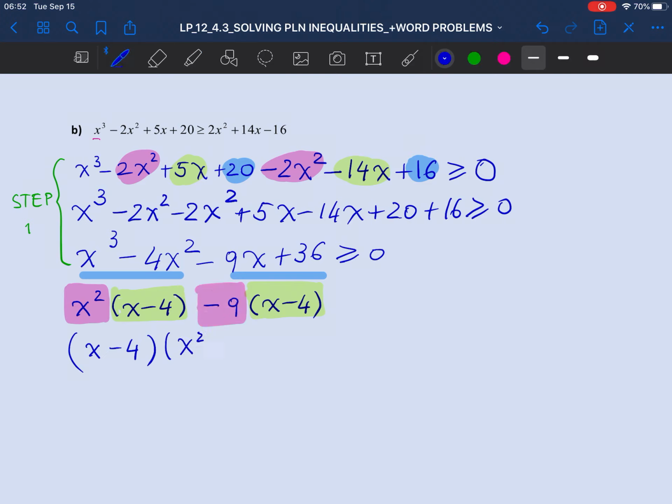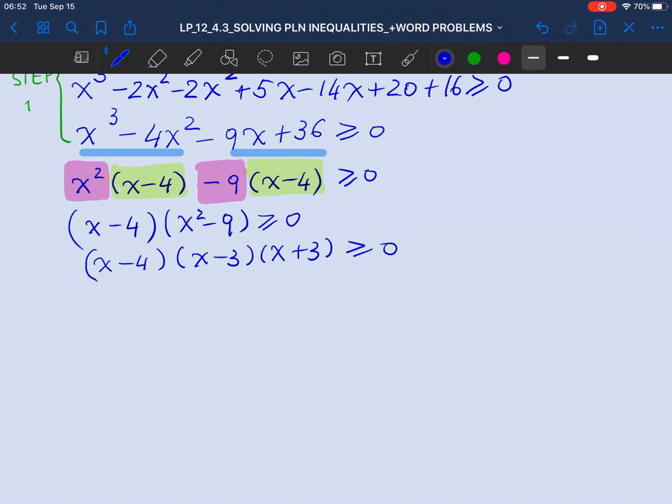Bigger than or equal to 0, don't forget. Now, if you look at this polynomial inequality more carefully, you see that we haven't been able to factor completely yet because we need to factor x squared minus 9 even more. So x minus 4 and then x minus 3, x plus 3, that's the difference of squares.